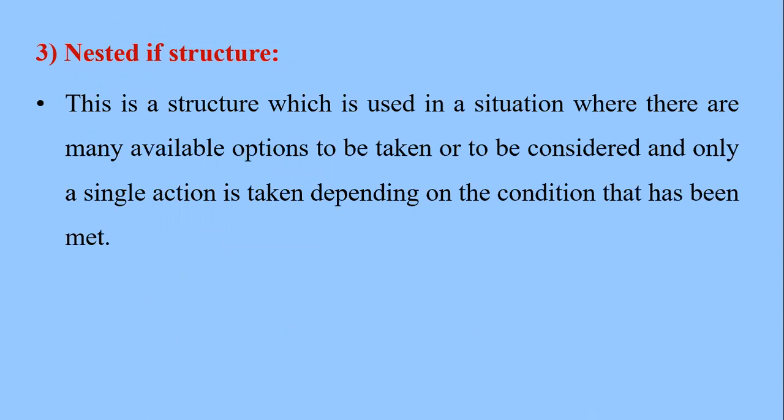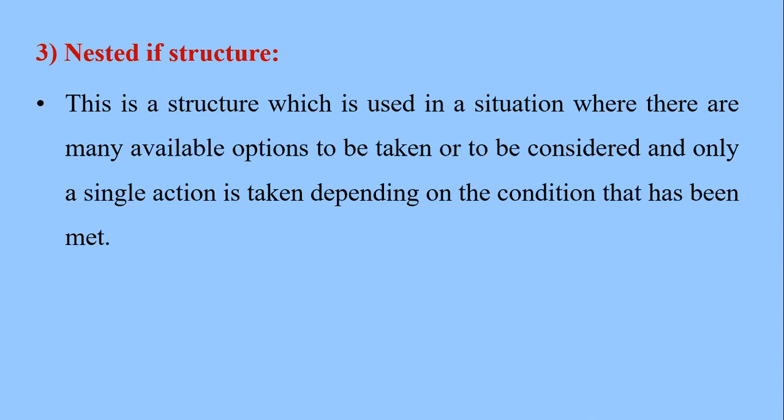Let's move on to the third structure, which is the nested if structure. This is a structure which is used in a situation where there are many available options to be considered, and only a single action is taken depending on the condition that has been met. My dear students and the rest of the learners, the difference between nested if and the if then else is that the if then else structure had 2 sets of alternatives.